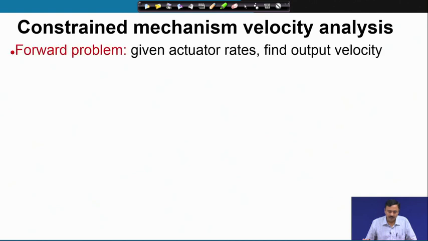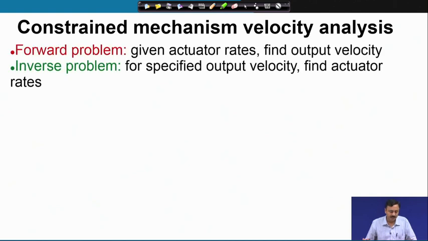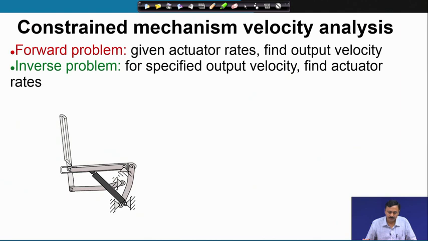In the case of constrained mechanisms, that means mechanisms with one degree of freedom, we have one actuator input and one output. Given the actuator velocities, finding out the output velocity is the forward velocity analysis problem, and the inverse velocity analysis problem is just the reverse, which means given the output velocity you have to find out the actuator rates.